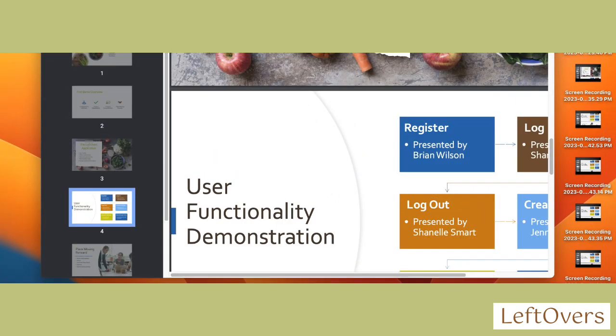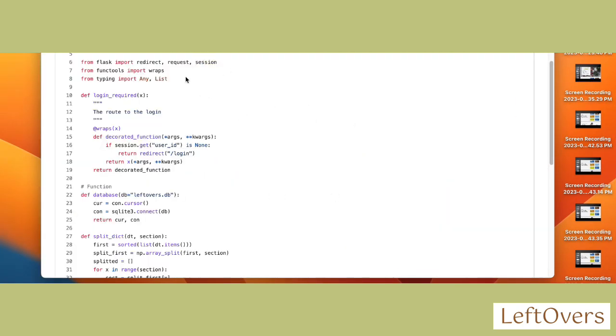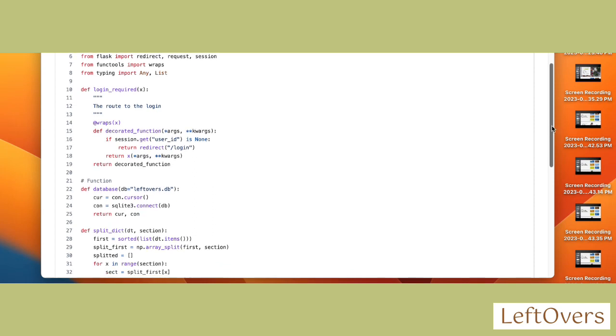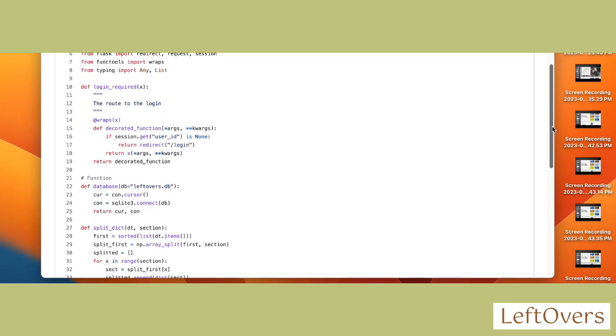And then a bit of information from what we have created so far would be, for the login required, the route to the login to ensure that they're actually being routed to the right page, and if there needs to be any errors thrown, if they have problems logging in, that would occur. And this would be some of the information that we are pushing to ensure a successful login and logout.